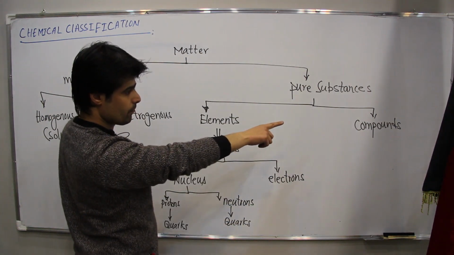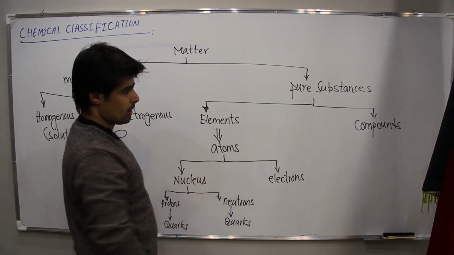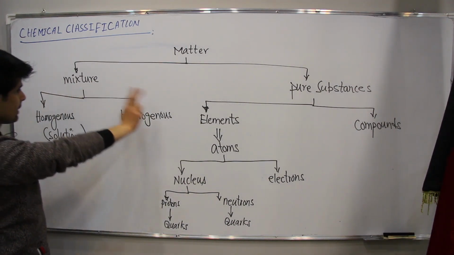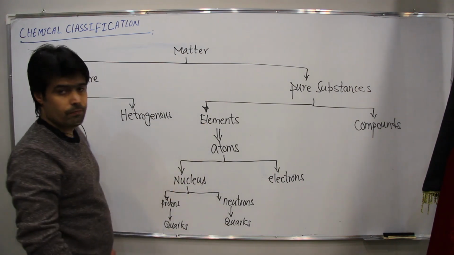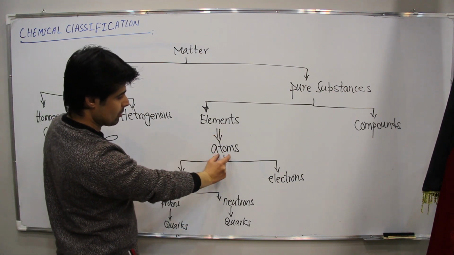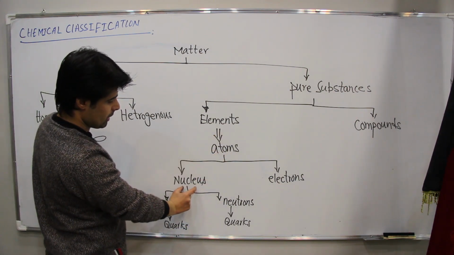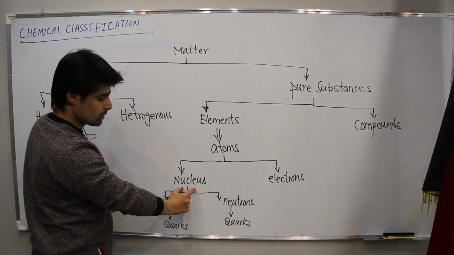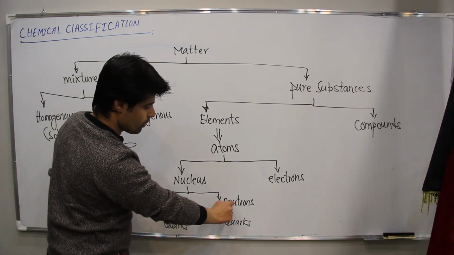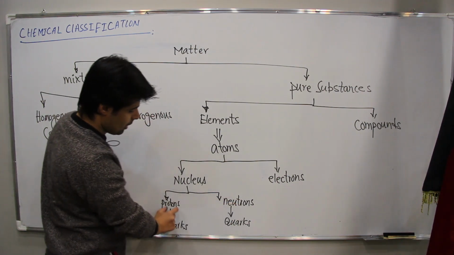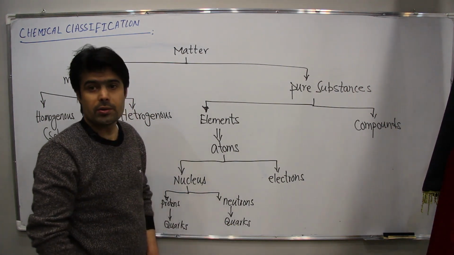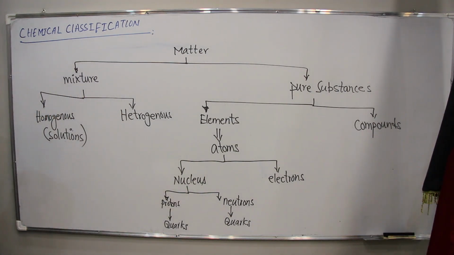Compounds are made of elements in a constant ratio, but a mixture is made of elements not in a constant ratio but in variable ratios. Now elements are made of atoms, which are made of a nucleus and electrons. The nucleus is made of protons and neutrons. If we divide the neutron and proton, they are made of small particles which are called quarks. I think you have got this one.